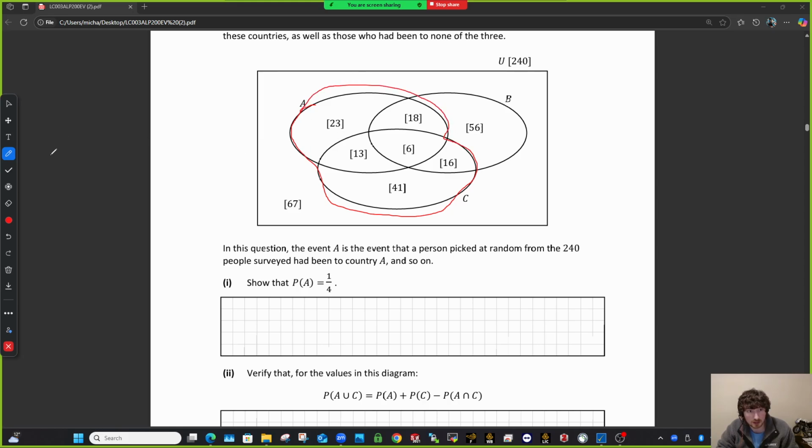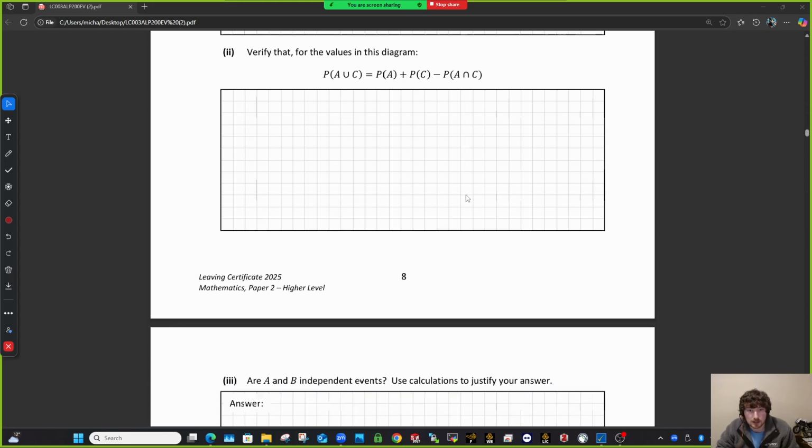And you'd have to show it, and then you divide all of them by 240, and then you show that's equal to a quarter for this, plus the probability of C, which you've got to then go and work out by hand, which is 13 plus 6 plus 16 plus 41 over 240, and then you got to take that away from A intersect C, which is 19 over 240, and it just proves the formula. So there's no need to do that. That's junior cert stuff. I don't know why they asked that.